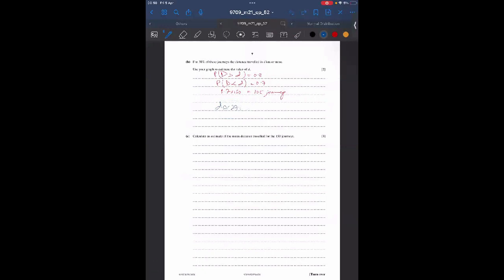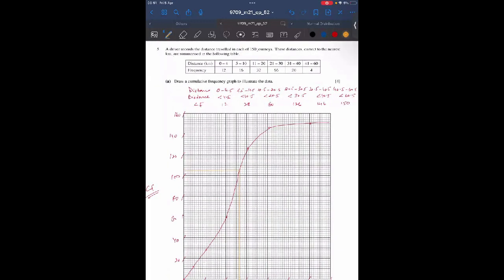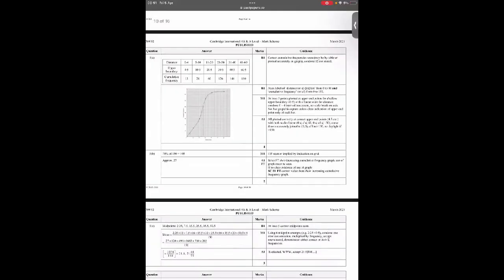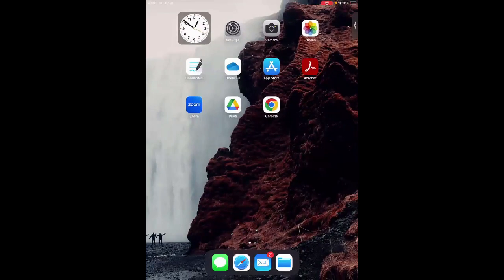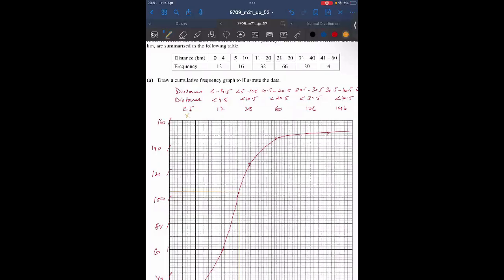Calculate an estimate of the mean distance traveled for the 150 journeys. Now I'm going to calculate the midpoints, and then we'll be calculating it. I'm taking the midpoint of this class interval to be 2.25.